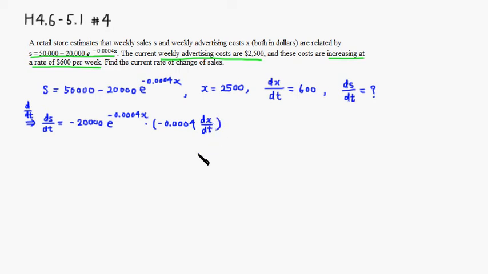So we can just plug everything in. You're going to have a negative 20,000, and there's a negative here, so they cancel out.